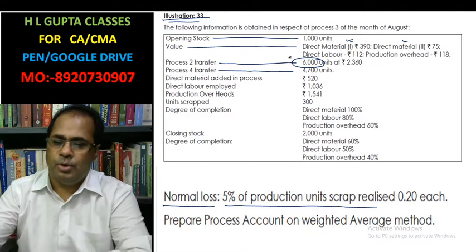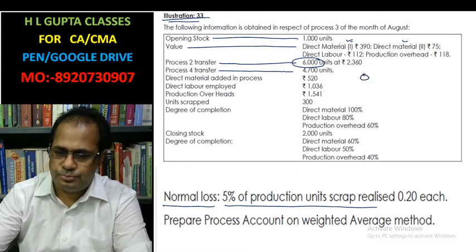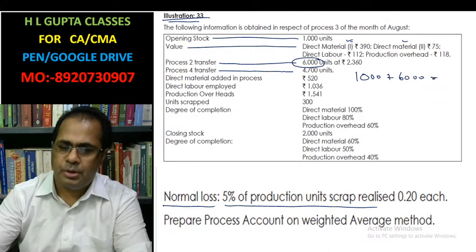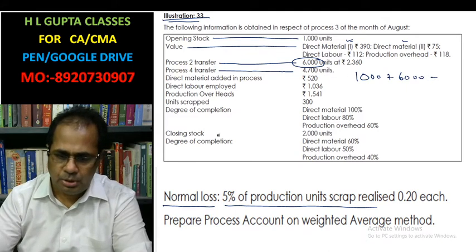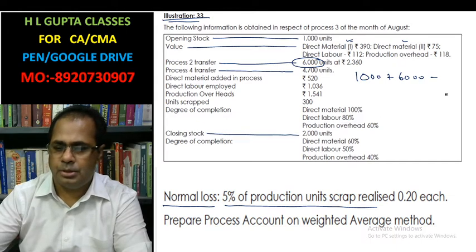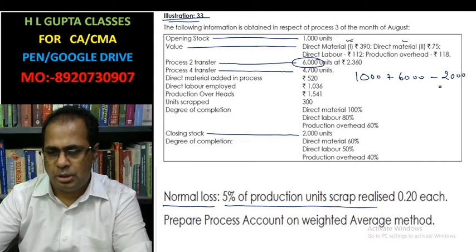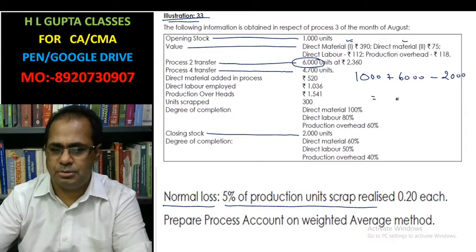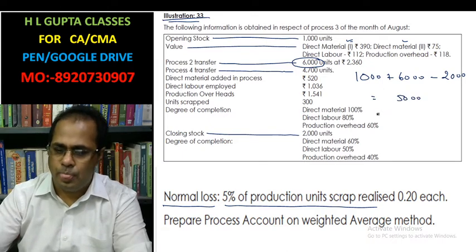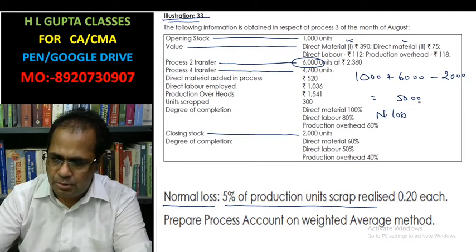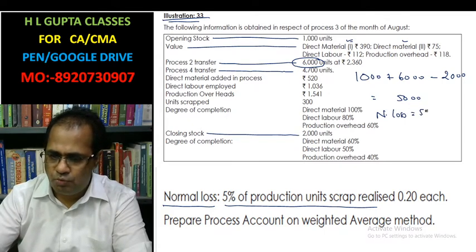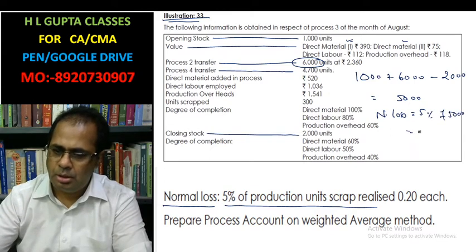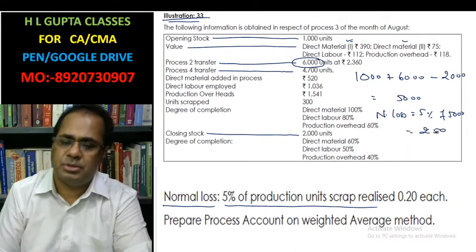Opening stock is 1000, input from process 2 is 6000, closing stock is 2000. Process input is 7000, of which 5000 is the base. Normal loss is calculated on this: 5% of 5000 is 250.